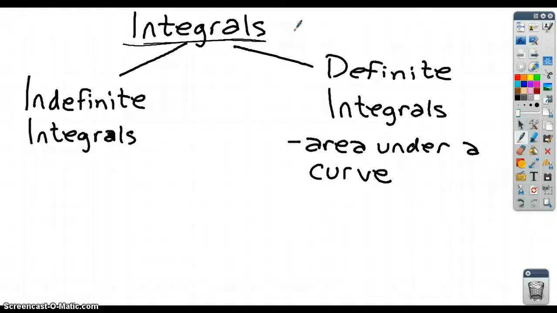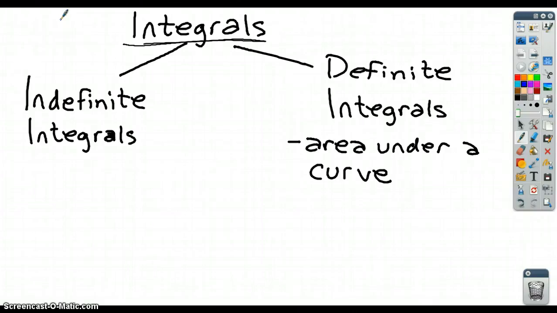Definite integrals work with a certain interval, a defined slice of a function, rather than the indefinite integral, which would be most likely like the antiderivative. So if you take a derivative and want to go back to the original function you had, you're going to look at the indefinite integral.